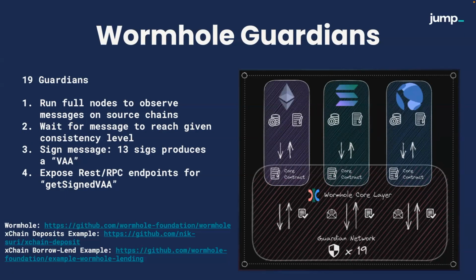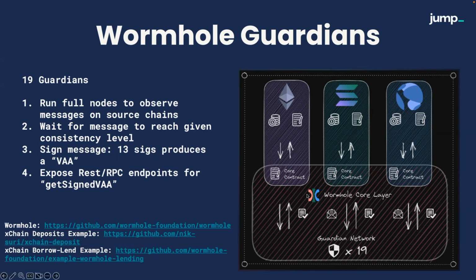Then they wait for the messages to reach a certain consistency level. So for ETH, for example, they'll wait for the message that was emitted on ETH to reach finality. And then once a Wormhole message that they've observed has reached finality, they'll sign that message. And then when 13 guardians have signed a message, we call that a VAA, which stands for Verified Action Approval.